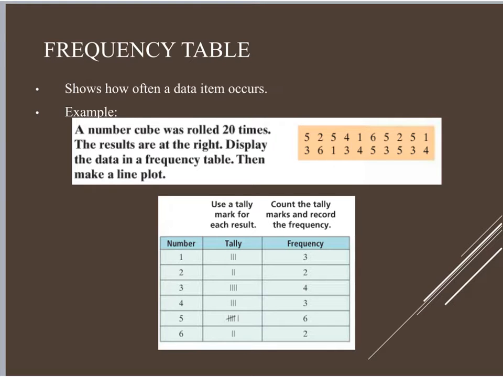So you can either tally it up if you want, or you can just go ahead and count. So let's look at, just to see how this works, the number 1. If I come over here, I can see I have 1, 2, 3. So I have a frequency of 3 for the number 1s that were rolled. If we look at the number 2s that were rolled, we've got 1, 2, and it looks like that was it.